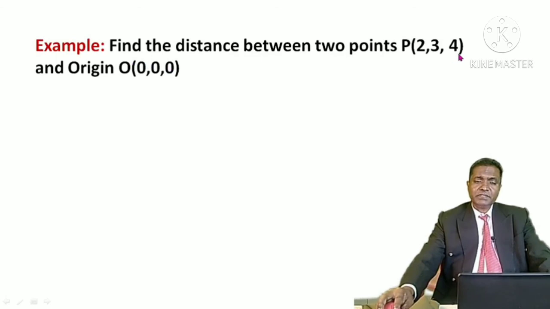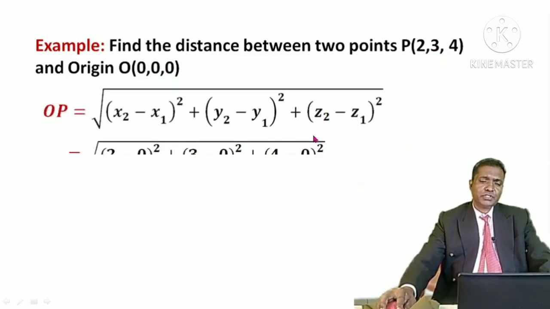Find the distance between two points. Another example: P is (2, 3, 4), and you have to find the distance between the point P and the origin, that means you have to find OP. Taking x1, y1, z1 as 0, 0, 0 and x2, y2, z2 as 2, 3, 4, straight away substitute here.